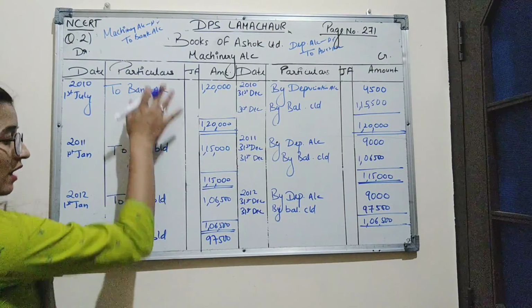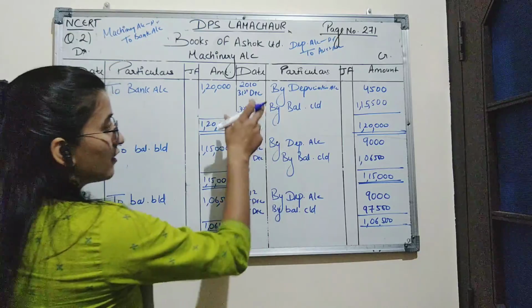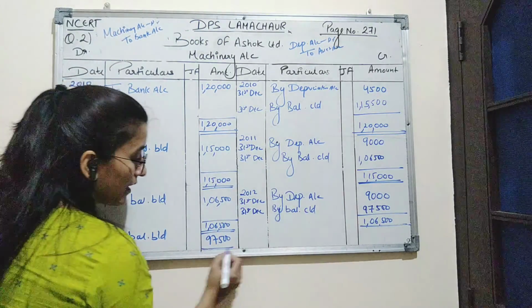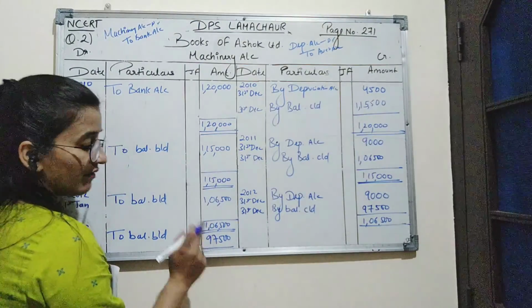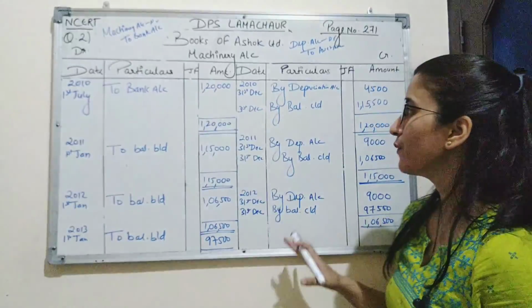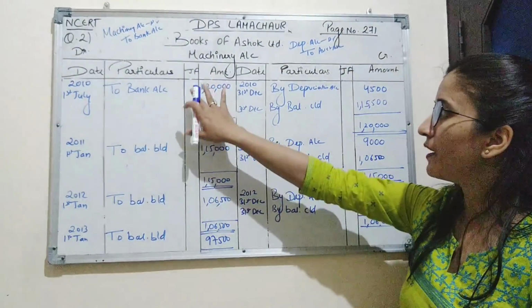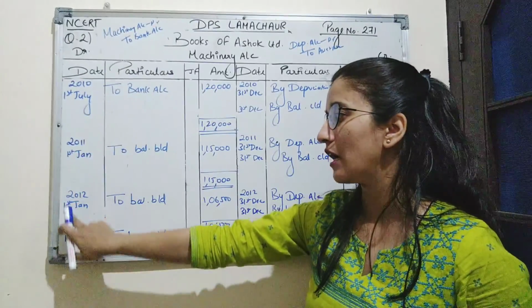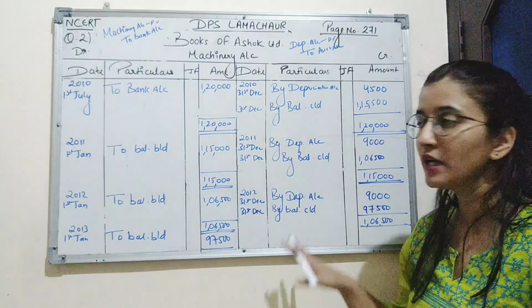So here, after calculating the depreciation for 3 years, the value of machinery remaining in the 4th year will be 97,500. As in the question, it was asked to prepare the machinery account for the 3 years, we have prepared the machinery account for the 3 years 2010, 2011 and 2012. This is how the machinery account is to be prepared.